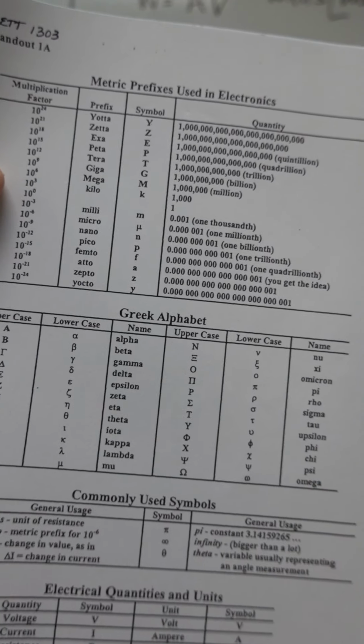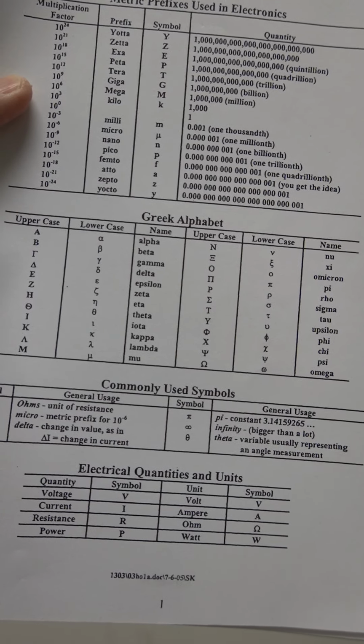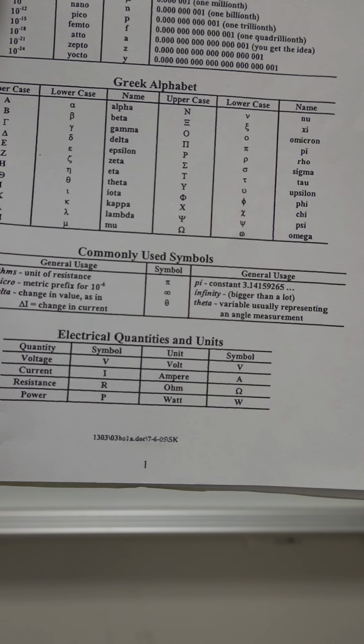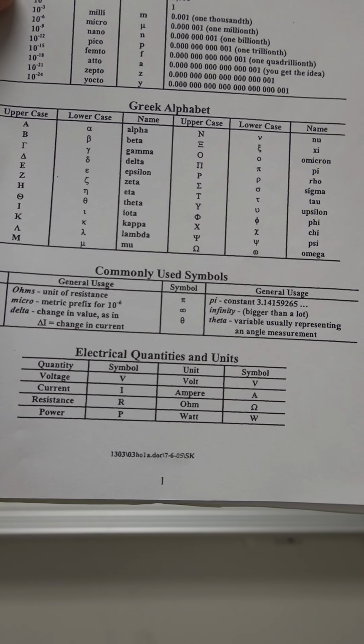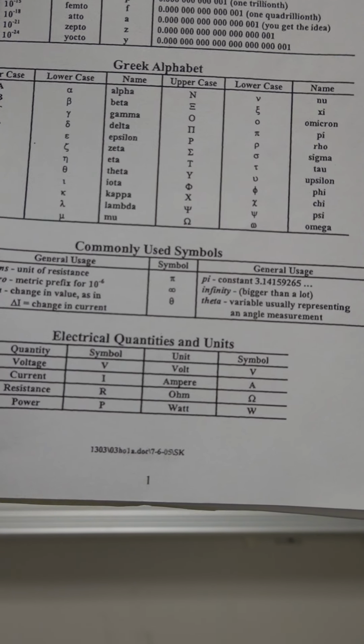It talks about the powers of 10, some of the Greek symbols we use and what we use them for, and also some commonly used prefixes. Then there's the relationship of the symbols and the unit of measure when we're talking about electrical quantities, and that's there at the bottom. And I think I do have a power wheel. Let's see if I can pull that up here.